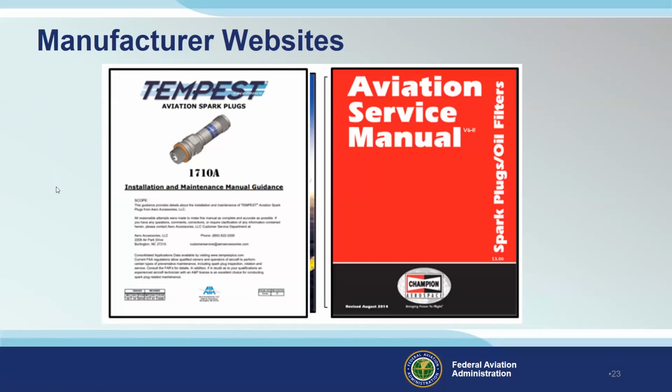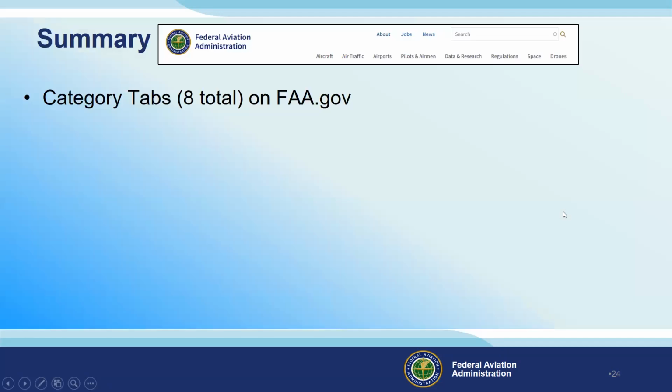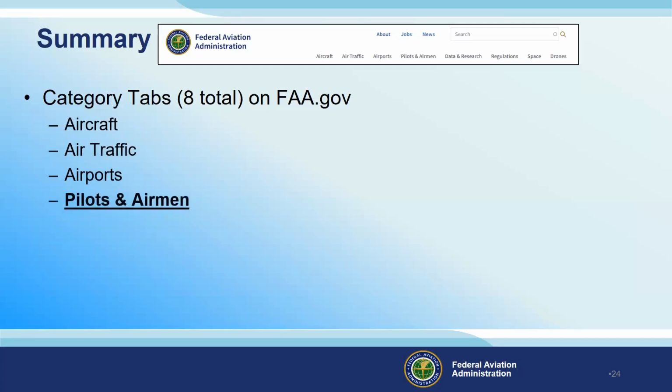So here's an example of the Tempest spark plug and Champion spark plug manuals. So to summarize our section on resources, just remember FAA.gov. Across the top, there's the tabs.